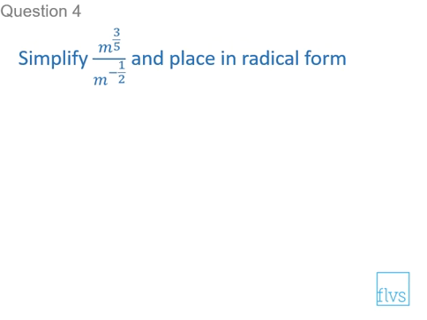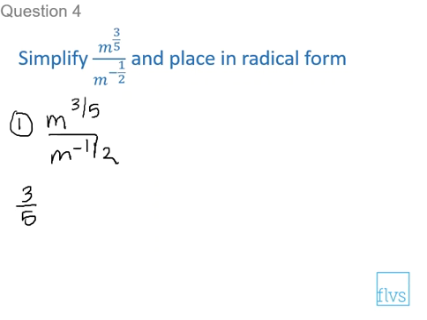All right, now it says to place it into radical form. Remember, when we are dividing, we subtract their powers. So we're going to subtract 3/5 minus -1/2. Again, we need a common denominator.